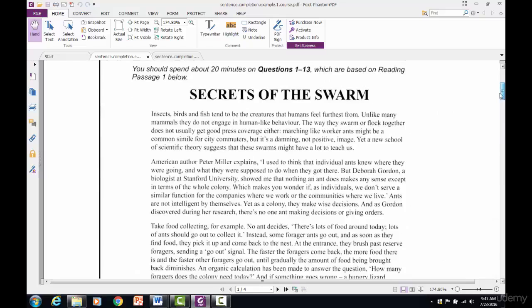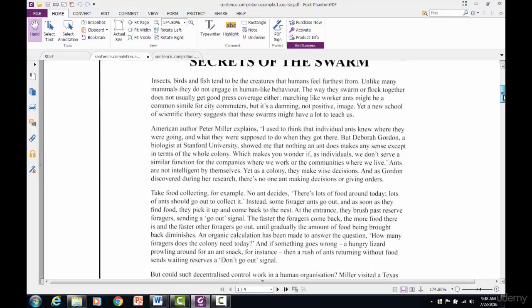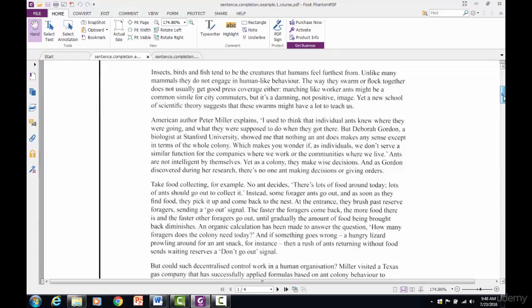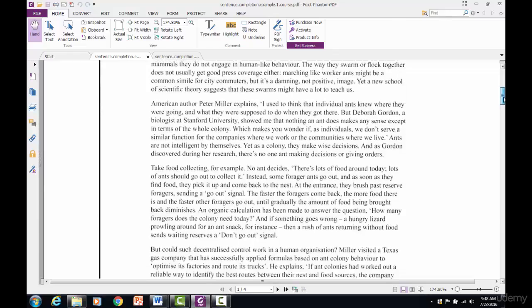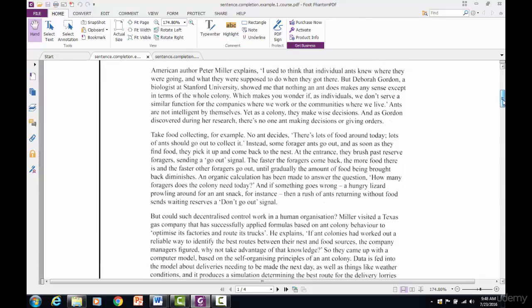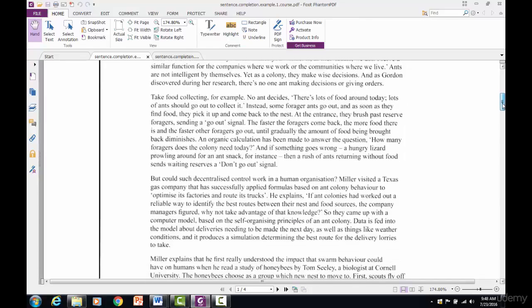All right, and we are scanning. If you noticed, I didn't read the passage before going to the questions. You don't have to do that because the questions tell you really what you need to scan for and look.